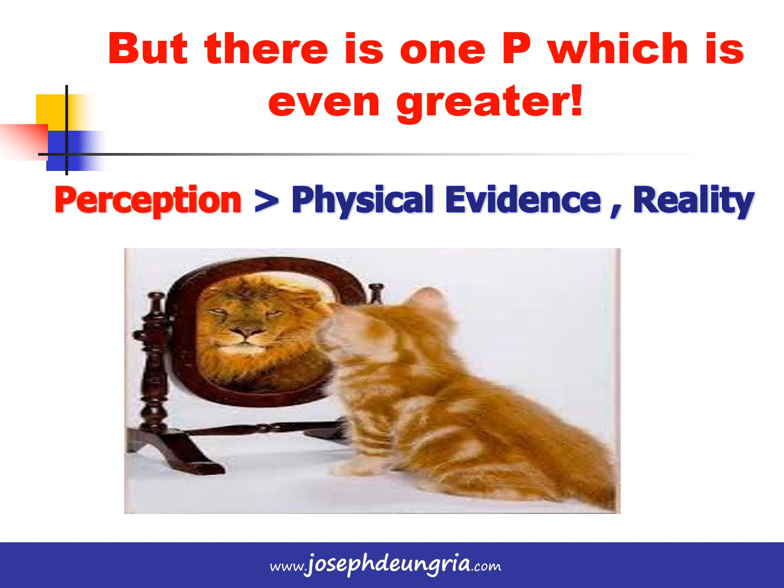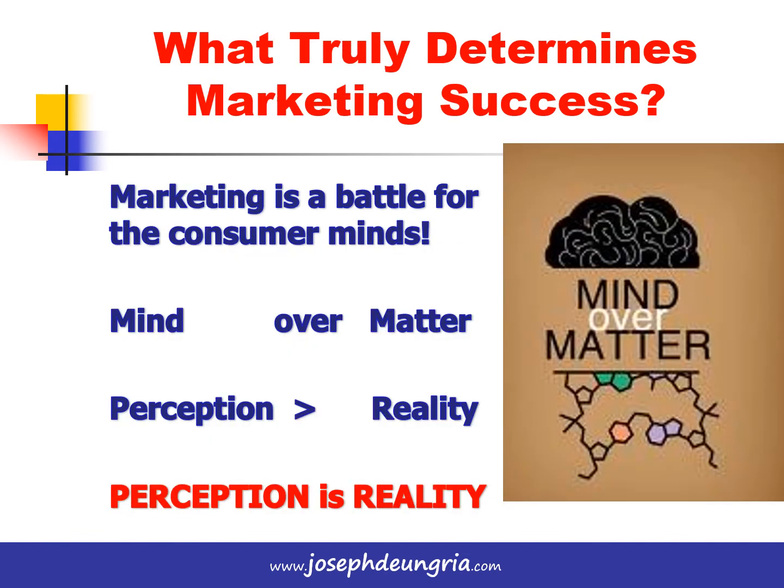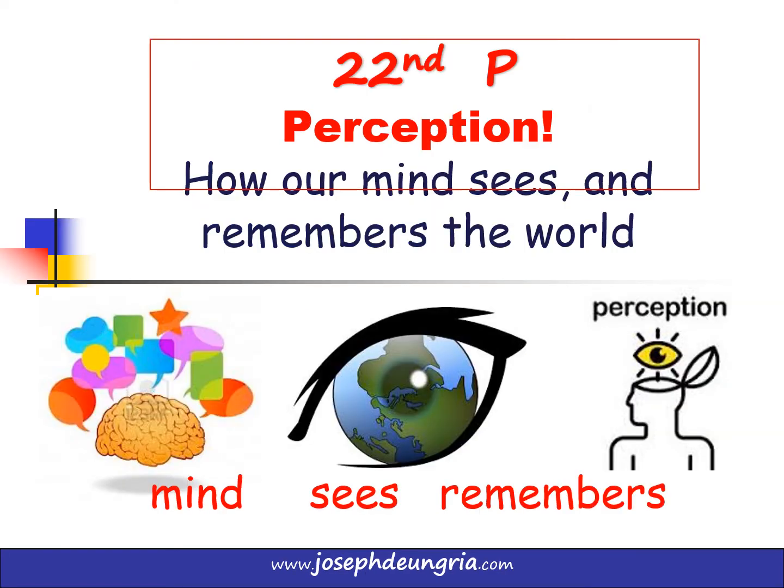All right? So, commonly they say marketing is a battle for the mind. It's a battle for the mind. Perception is so much greater than reality. Okay? So, like in presidential elections, diba? It's the perception that wins. Okay.